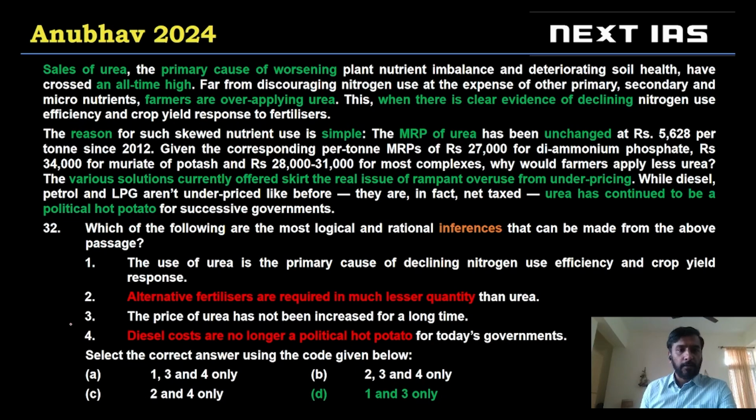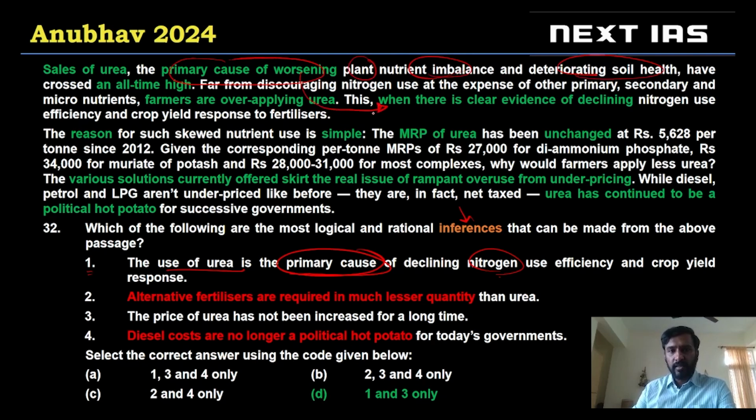All right. Remember to restrict your answers to the passage only. Just use information from the passage. Now we'll make inferences from the passage. We'll see which of these are valid. One says the use of urea is the primary cause of declining nitrogen use efficiency and crop yield response. So primary cause of worsening plant nutrient imbalance and deteriorating soil health.